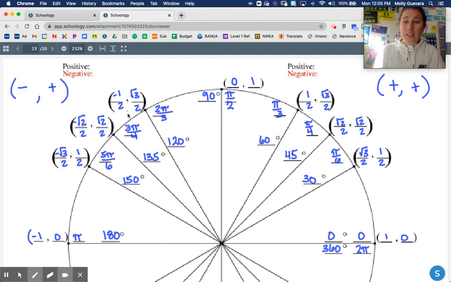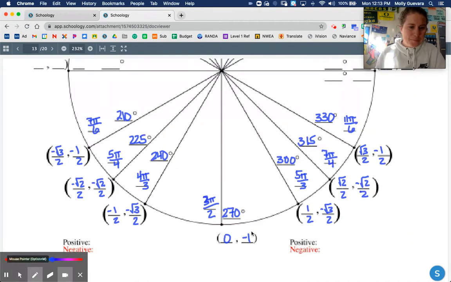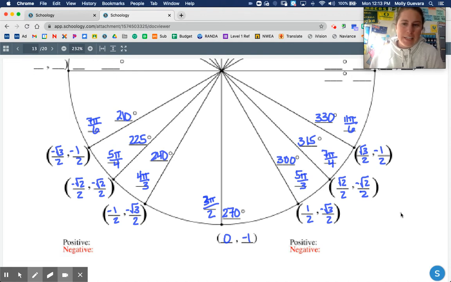If you haven't done so, you can go ahead and do quadrants 3 and 4 and then check your work, and I'll go ahead and fill that out now. All right, so here's quadrants 3 and 4. Again, if you notice, the coordinates are still the same. They're just changing their signs, either negative or positive, depending on the quadrant.